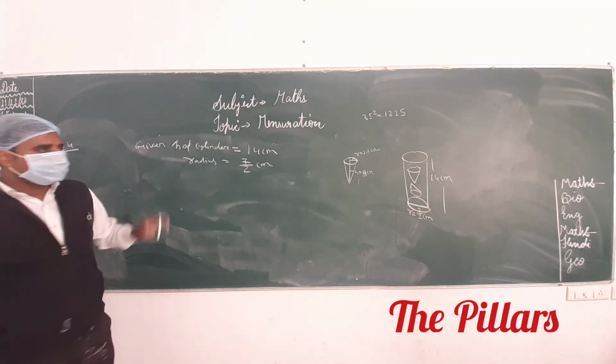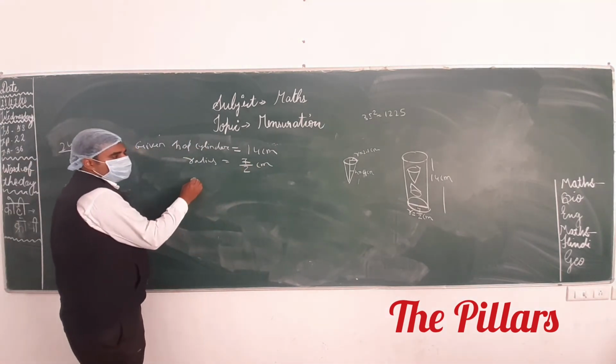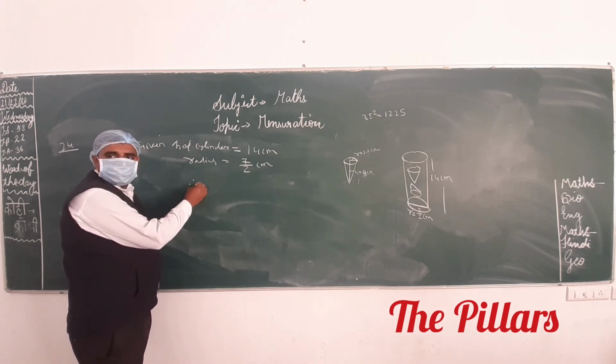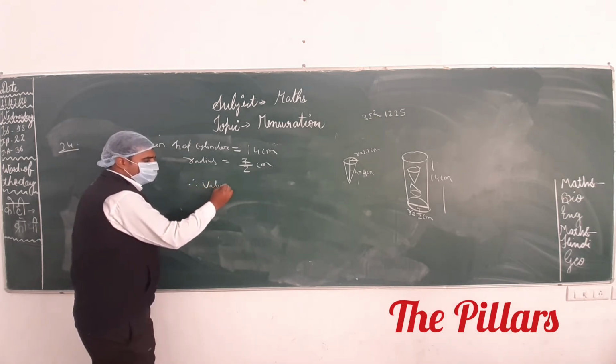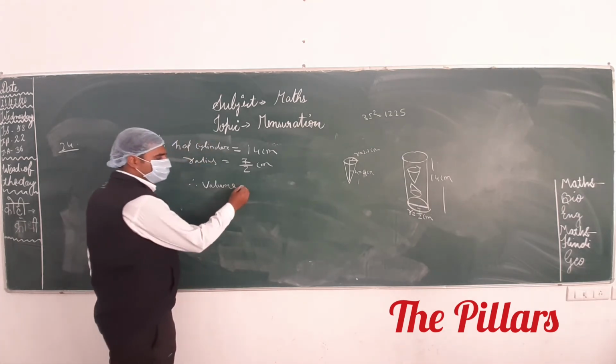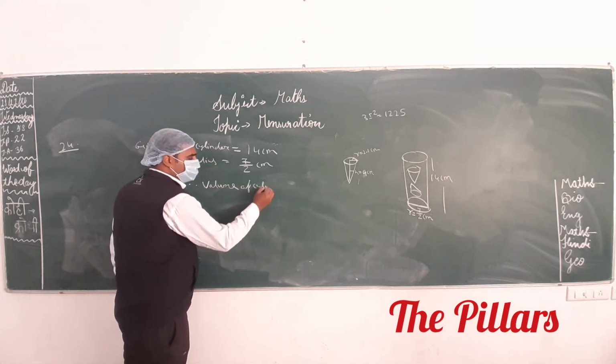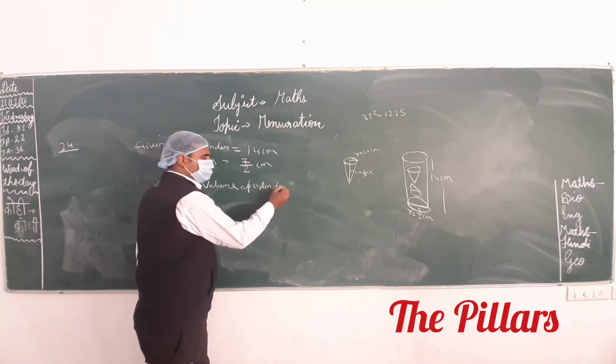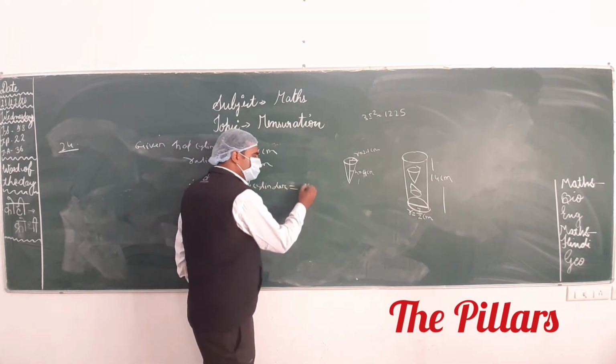After that, we have to calculate the volume. Volume of cylinder. What is the formula? Pi r square h. Yes, it is right.